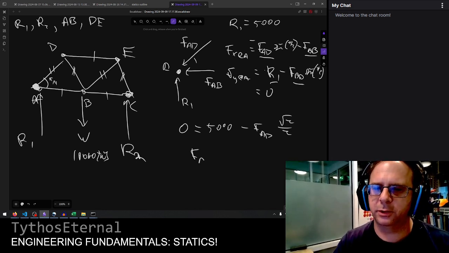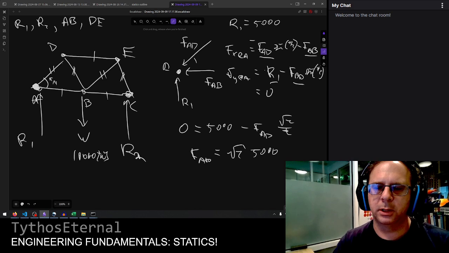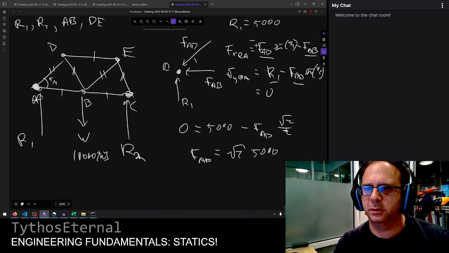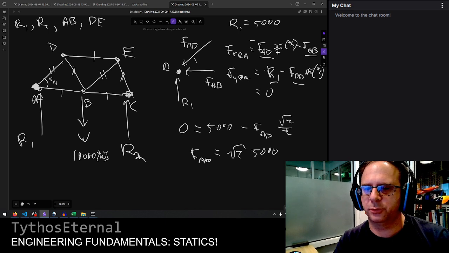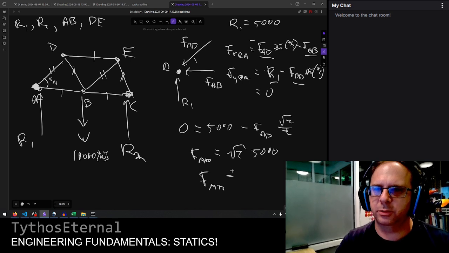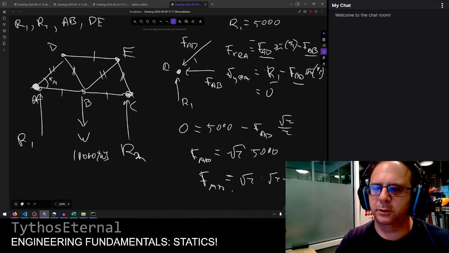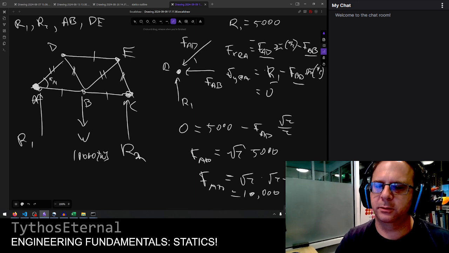We know FAD is going to be equal to root 2 times 5,000. Now we can go in here, FAB is going to be root 2 times root 2 times 5,000. It's just going to be 10,000 newtons. Happens to be the same force that the truss overall was bearing.